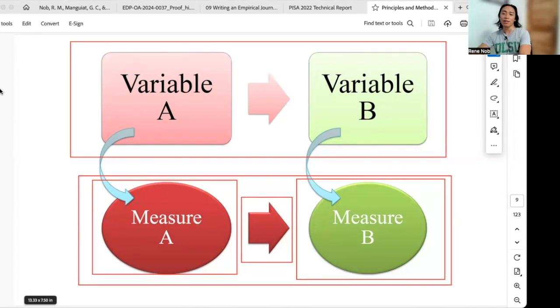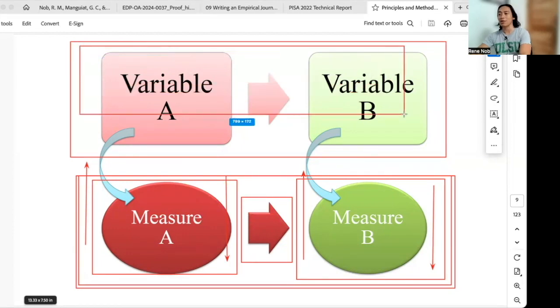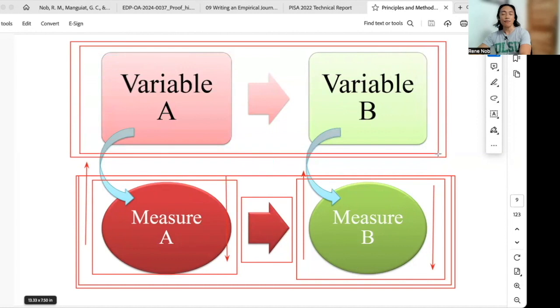If they have a positive relationship, that means as measure A increases, we also observe an increase in measure B. As measure A decreases, we also observe a decrease in measure B. These two being related means that the variation in A seems to coincide with the variation in measure B. And statistically, if this is proven, the relationship between measure A and measure B is used as evidence for the hypothesized relationship between variable A and variable B.